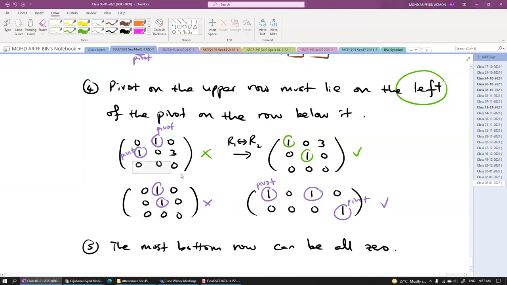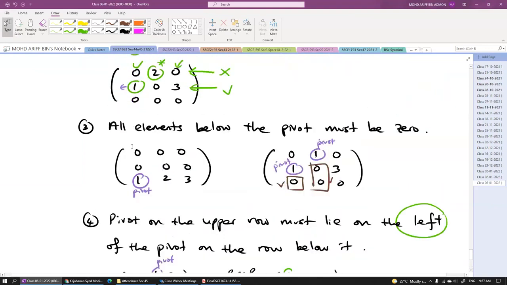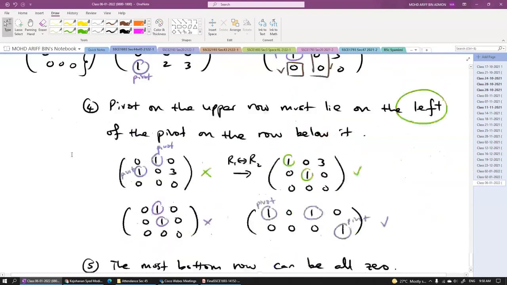For example, if your first 2 rows are 0 rows, you interchange the positions, making your third row become your first row, and now you get 1 2 3, 0 0 0, 0 0 0. These two can be all zeros.